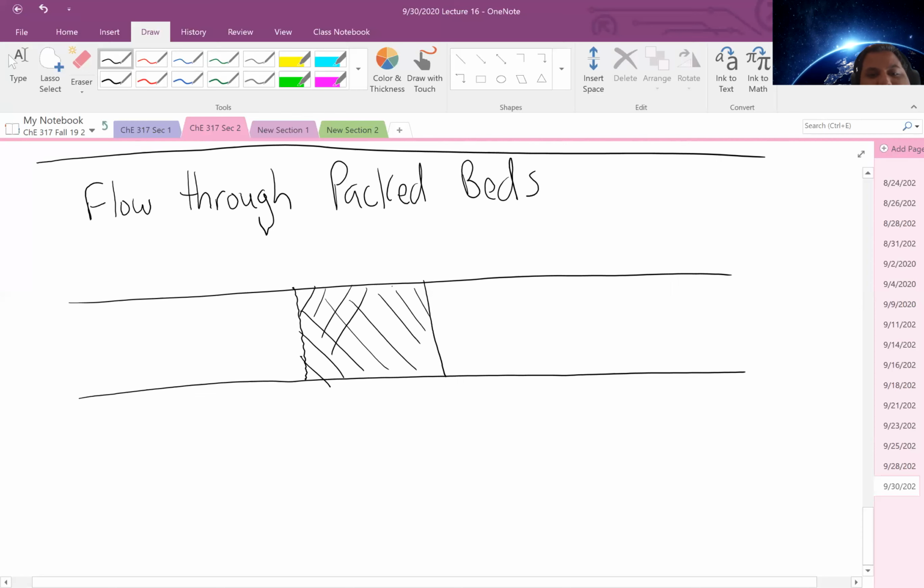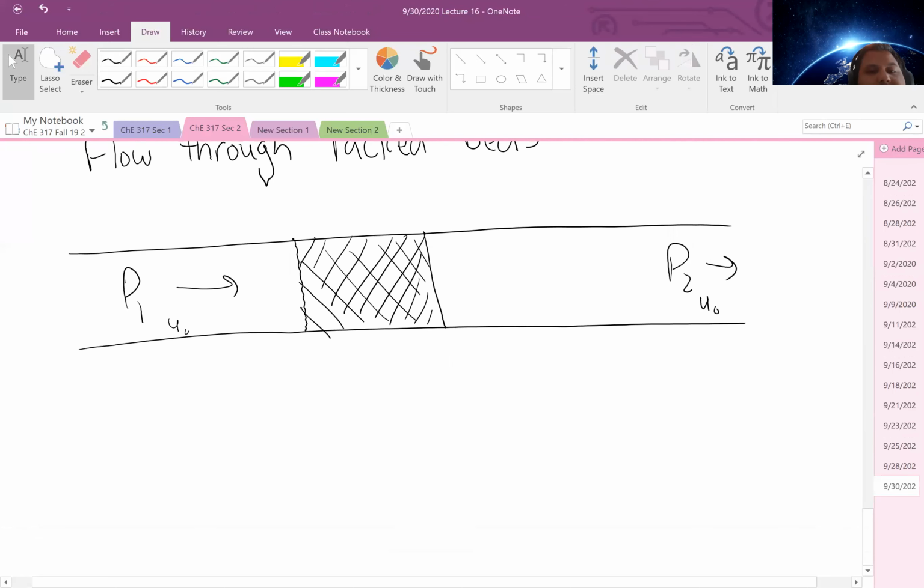So if I've got a packed bed in a system coming in at some pressure, leaving at another pressure, at some velocity, do I expect my pressure drop to be greater than or less than a typical flow through a pipe if the packed bed wasn't around?